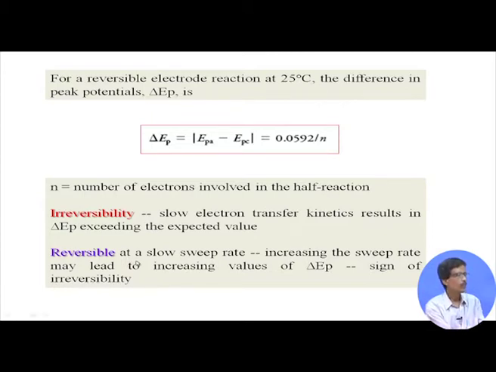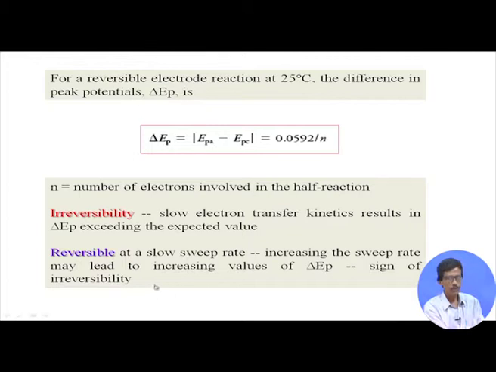And whether you get a reversible response at slow sweep rate depends on the lifetime, in terms of some seconds or milliseconds, which gives some idea about the stability of the oxidized or reduced species after electron transfer on the electrode surface. Increasing the sweep rate may lead to increasing values of delta EP.